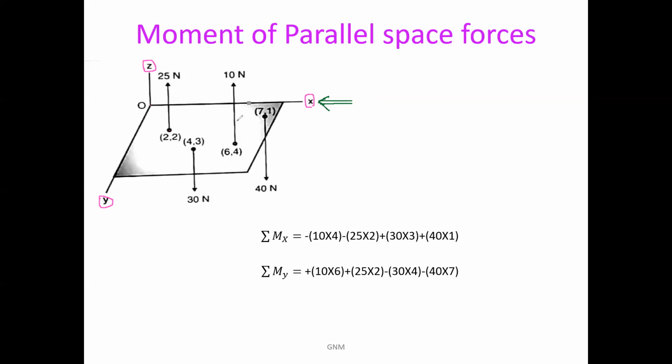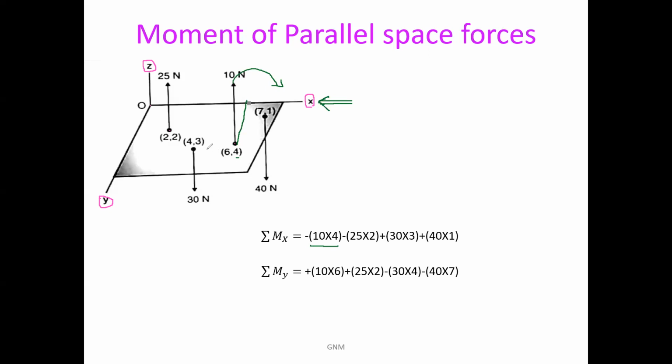Starting from 10 Newton force, this 10 Newton force is at 4 meter distance from x-axis. This distance from x-axis is parallel to y-axis distance, so it is 4 meter given. So 10 into 4 is magnitude of moment, and this force will rotate clockwise about x-axis like this. So its moment is written clockwise, that is negative.